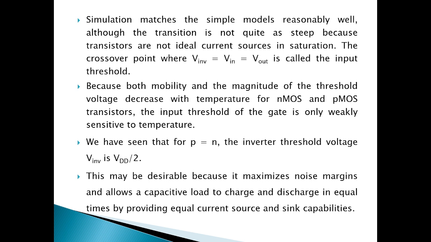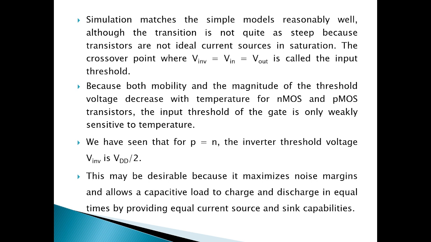The crossover point, where V in equals V out, we can call as the crossover point. This is called the input threshold. Because both mobility and the magnitude of the threshold voltage decrease with temperature for NMOS and PMOS transistors, the input threshold of the gate is only weakly sensitive to temperature.